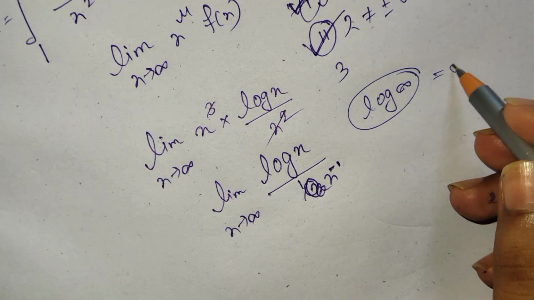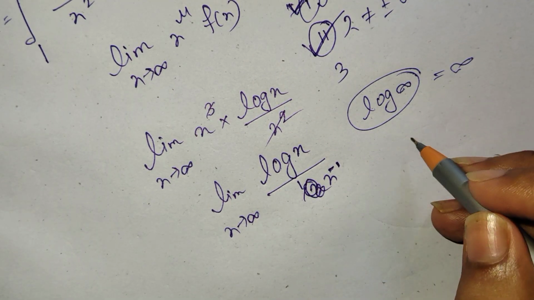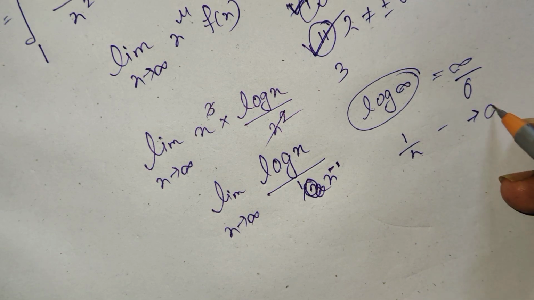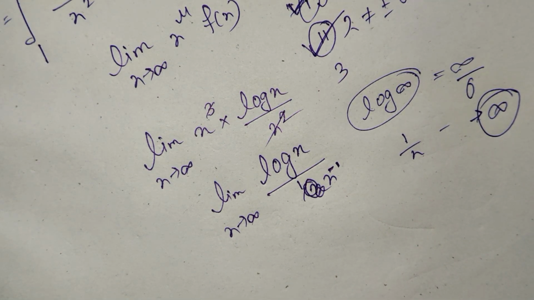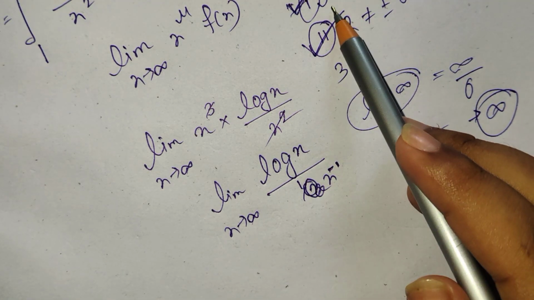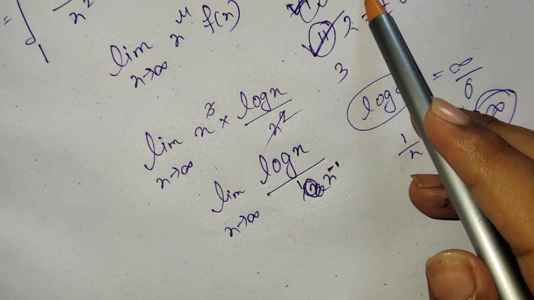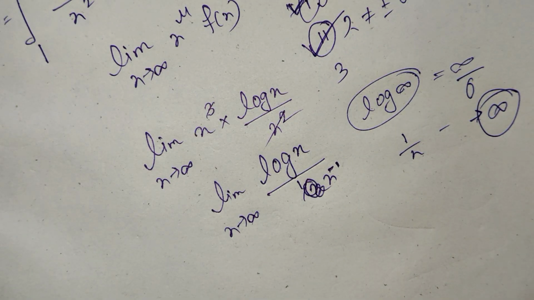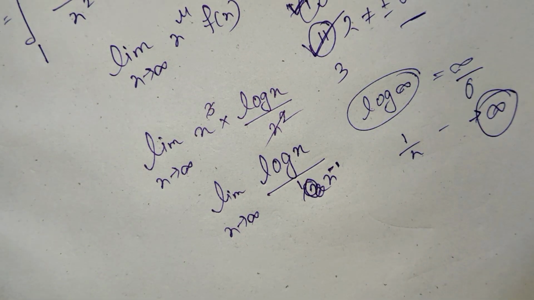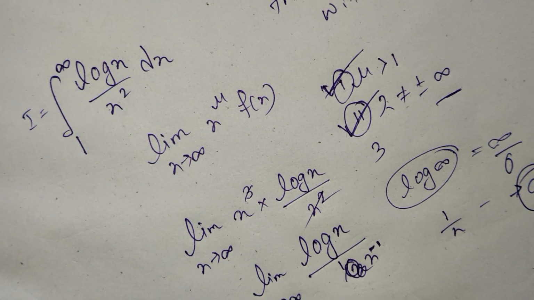Log of infinity means infinity, and this is 1 by x, which is 1 by infinity, which is 0. So infinity by 0, so it is tending to infinity. But actually this is not the answer. So you will see, as we are taking mu greater than 1, definitely the answer is plus minus infinity, so definitely it will not converge, right? It will diverge, but it is not true.